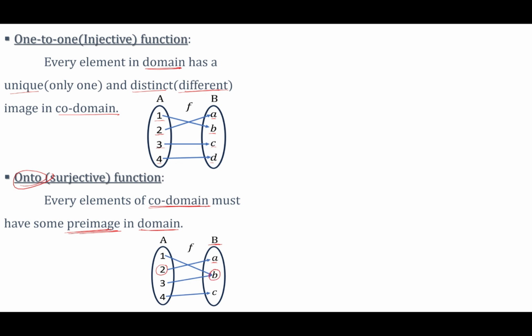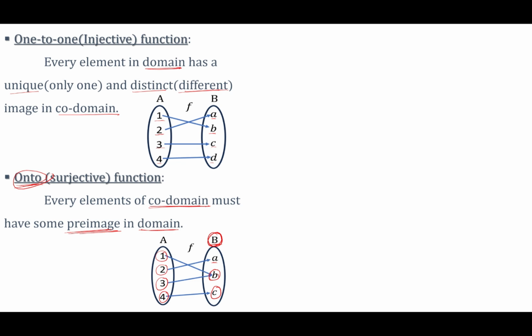The element B has two pre-images. No problem. It doesn't make any difference. There should be at least one pre-image, two, or three. And C has four. So every element of set B, every element of the codomain, must have a pre-image in the domain. That is all about the onto function.